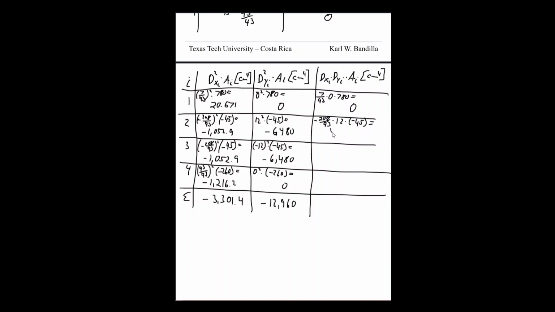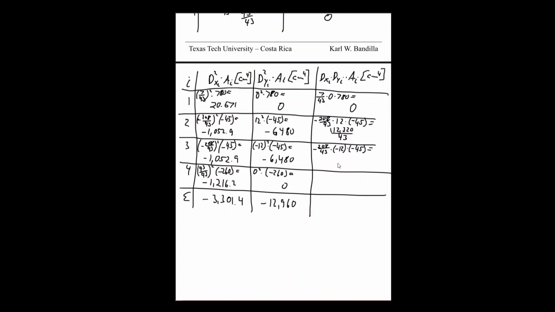That's 112,320 divided by 43. Then I get minus 208 over 43 times minus 12 times minus 45.